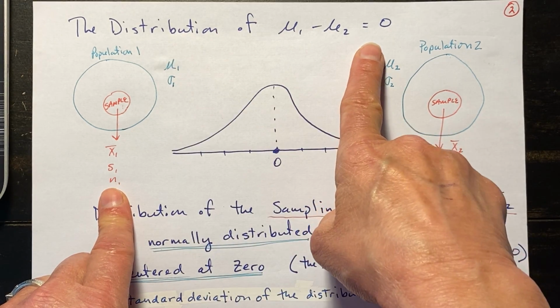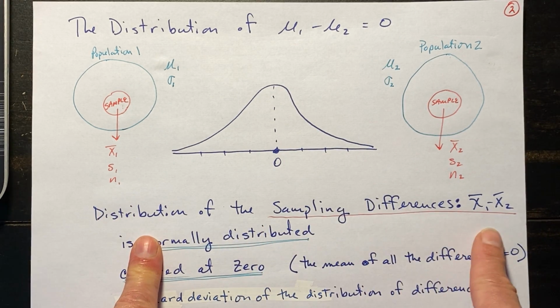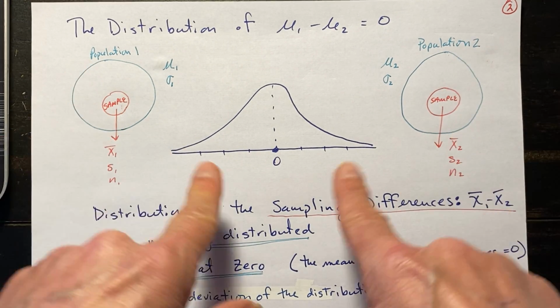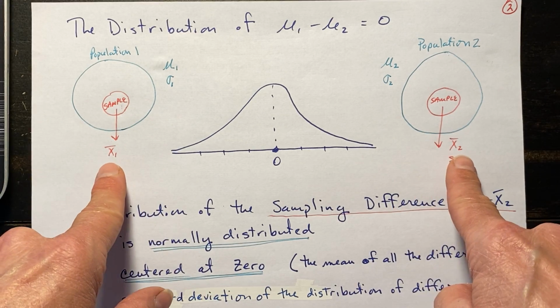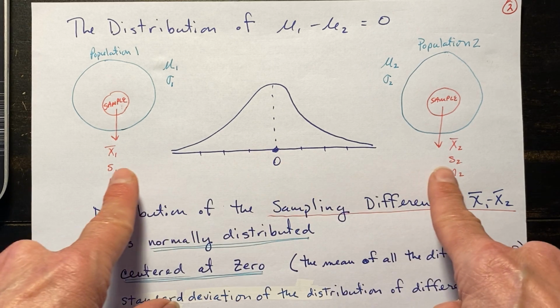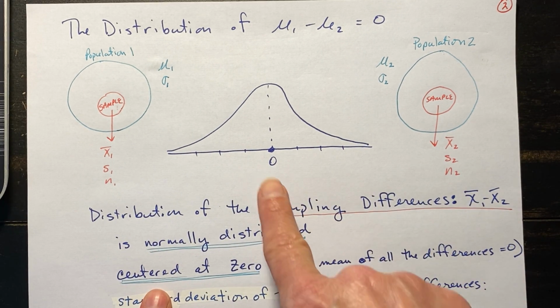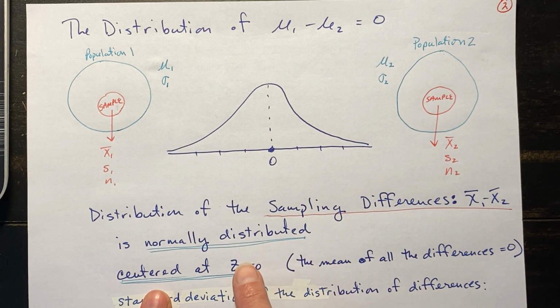When we assume that the null is true, meaning the difference is actually 0, consider the distribution of all of these differences. I keep taking samples, finding the differences in the means, and plotting them. I continue to do that, plotting all these differences in sample means. That distribution of all of those differences is going to be normally distributed.